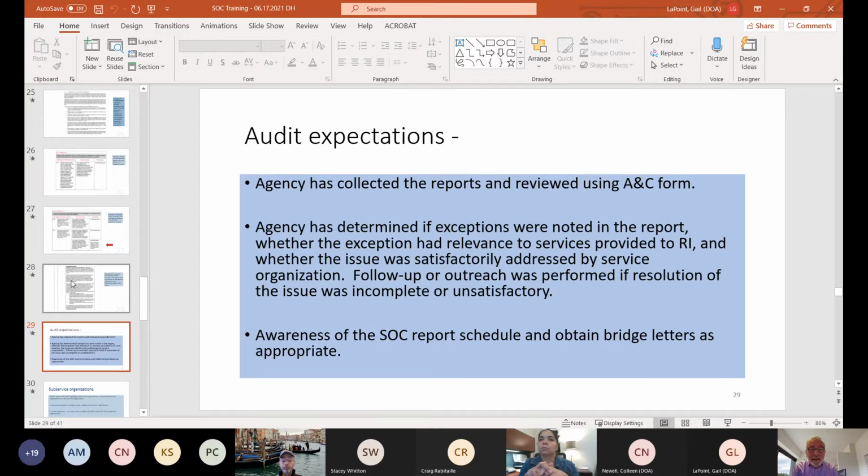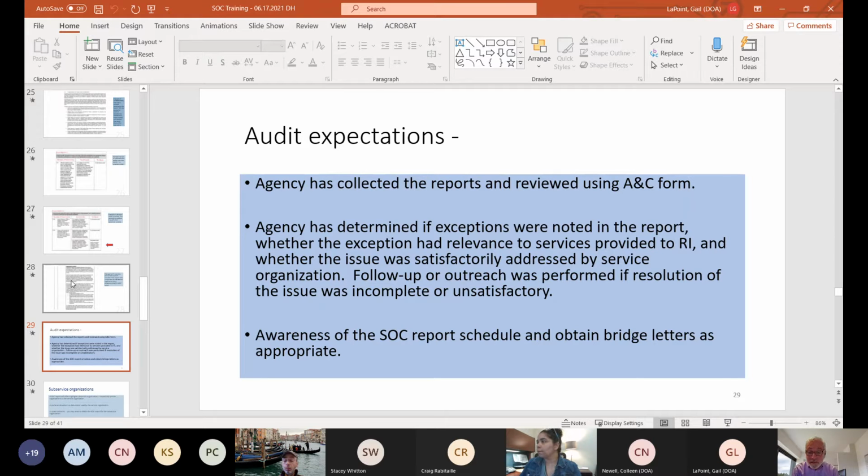So the first thing is that the agency has collected the reports and reviewed the reports using the accounts and control form, which Gail is going to go over. Make sure that you have the reports and that you've reviewed them and documented your review using the accounts and control form.